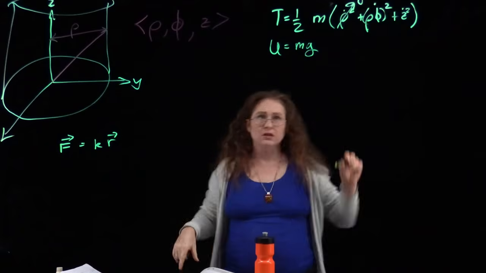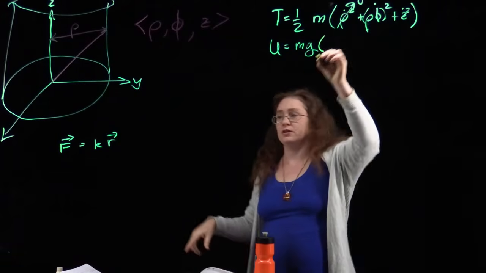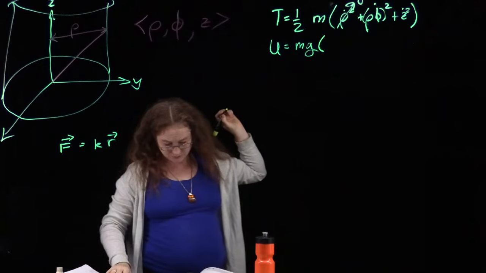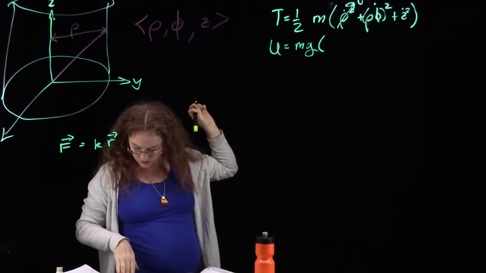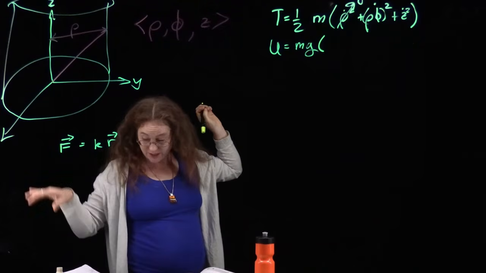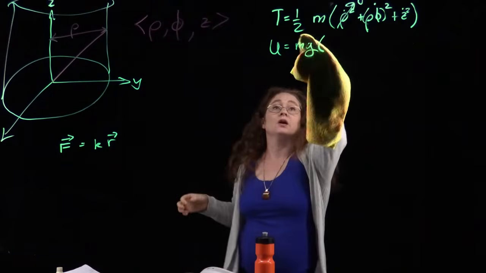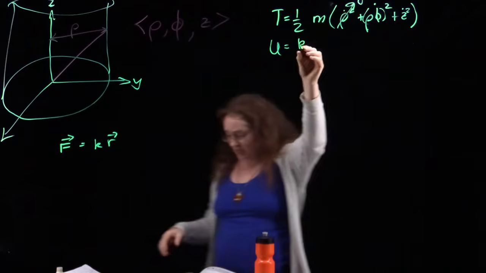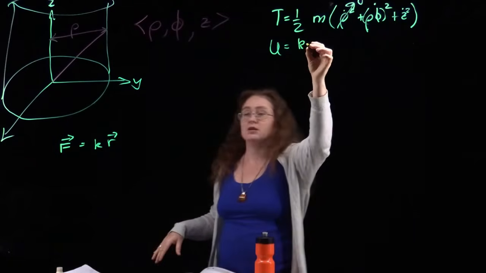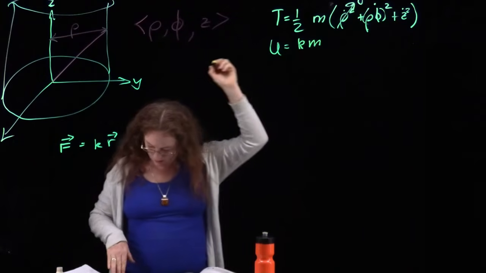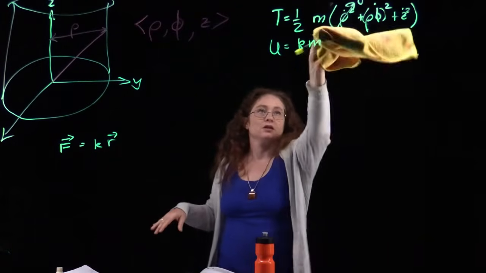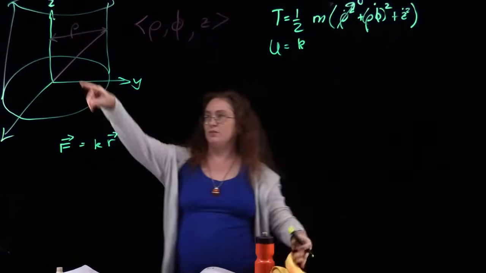So then the potential is m times g times the, bear with me here. Sorry, not m, k. Our potential is k times m times the distance from the center.